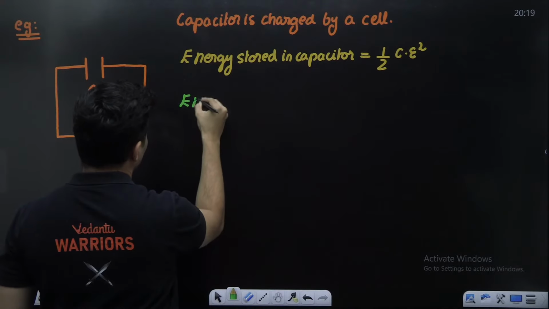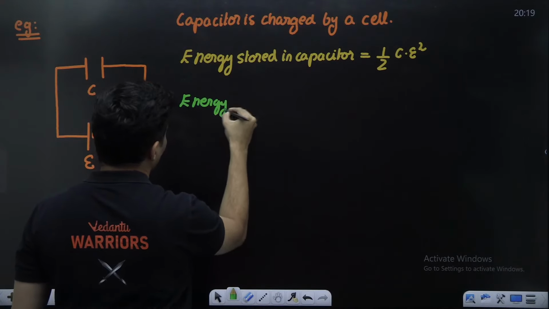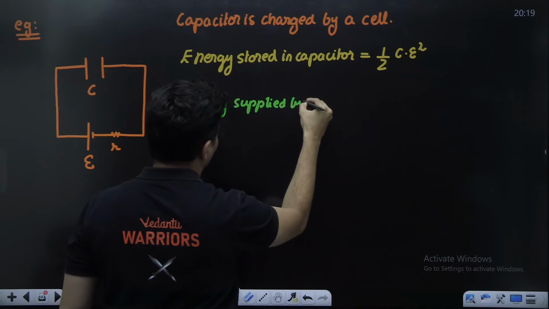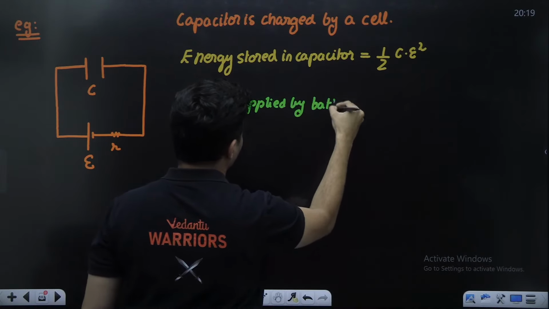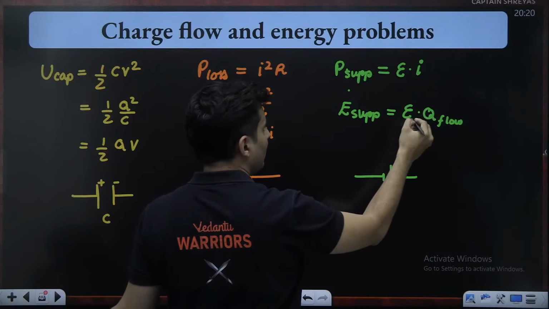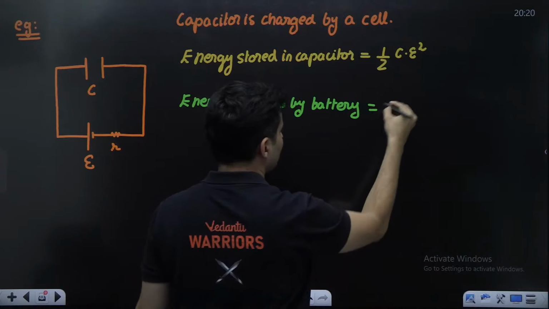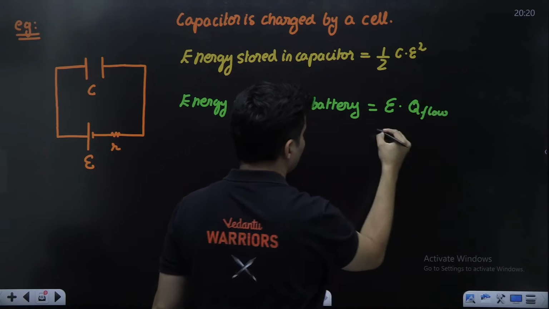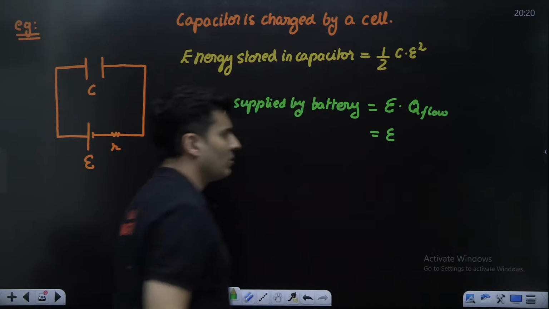So, energy supplied by the battery. It will be, as mentioned here, EMF into the charge which flows. How much charge flows through the battery?